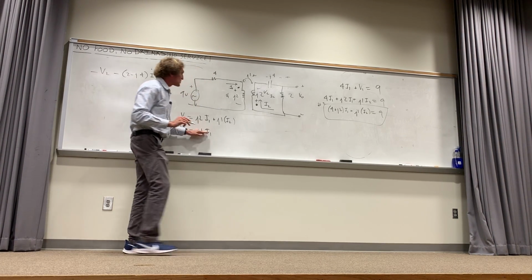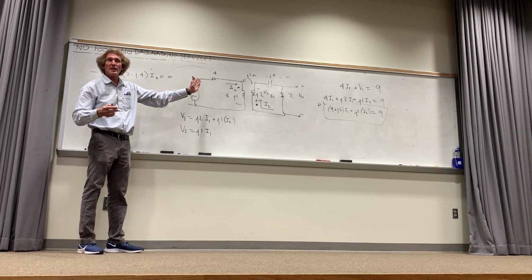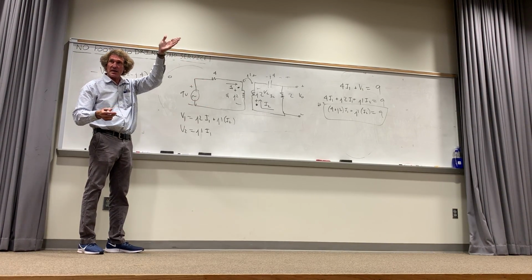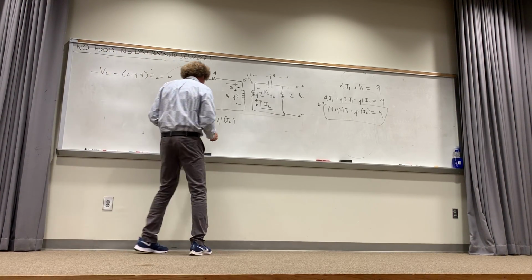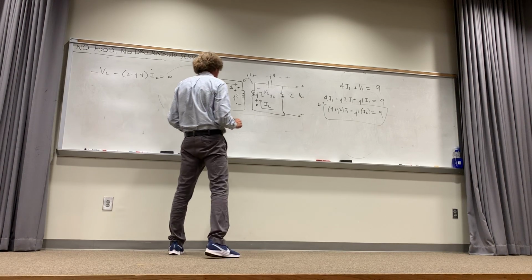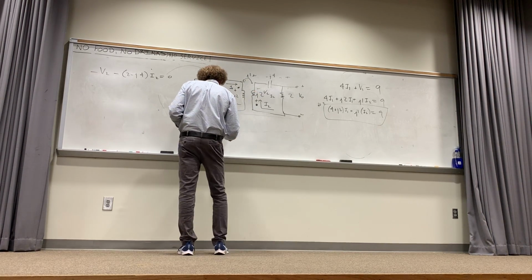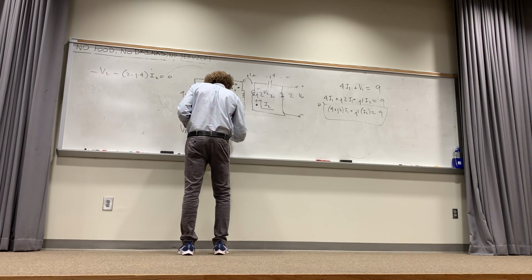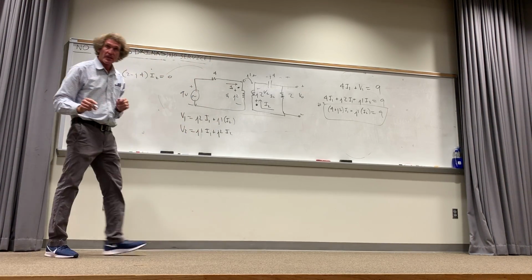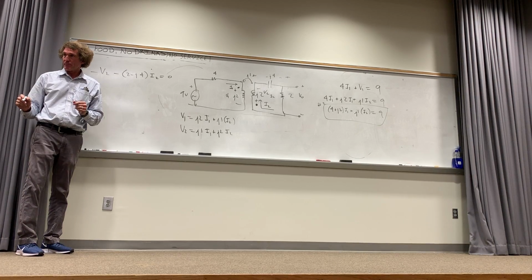Now, I put the mutual term first because I want in the matrix first. I want the I1 coefficient stacked first and then the I2 coefficients next. Got me on this, guys? Then I have plus, and now it's going to be the self-impedance J2 times I2. Y'all agree with that? Right?